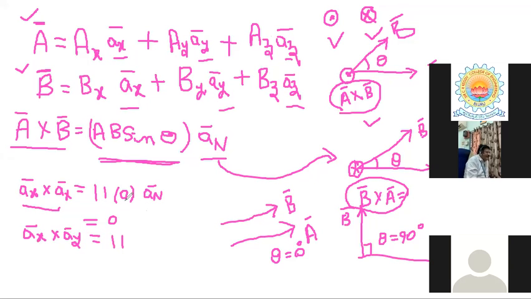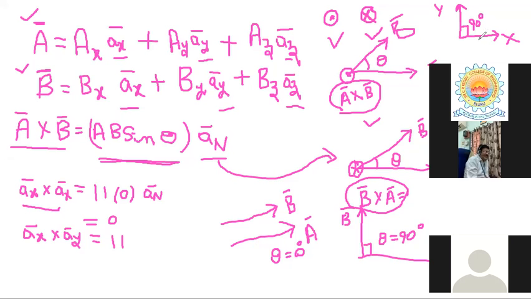Then the sine of the angle between ax bar and ay bar: you might have drawn a graph a number of times. We know that the x-axis is perpendicular to the y-axis. The angle between them is 90 degrees, because they are perpendicular to each other.